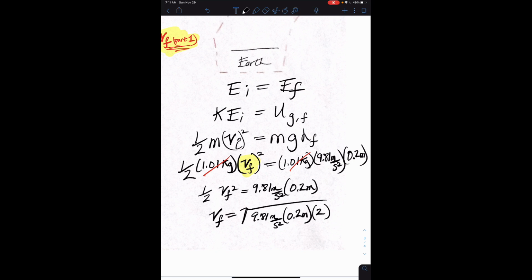All right, so if we plug that in our calculator, I think we should be getting 1.98. I kind of want to double check because I haven't done this problem in a while. I'm getting 3.924 under that square root sign. So the square root of 3.924, yeah, 1.98. Okay.